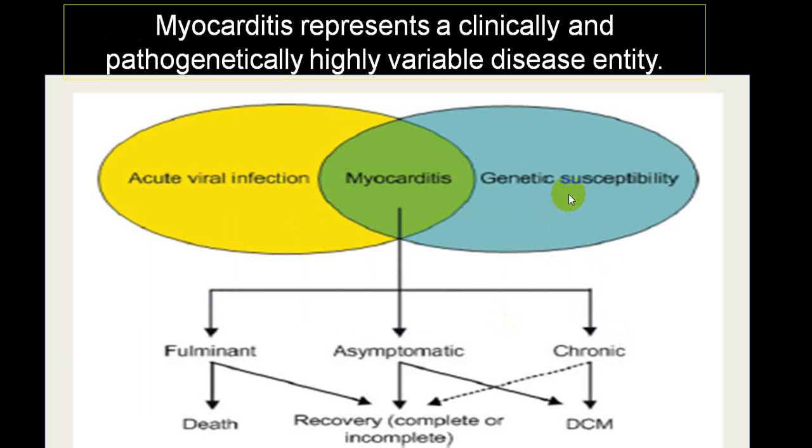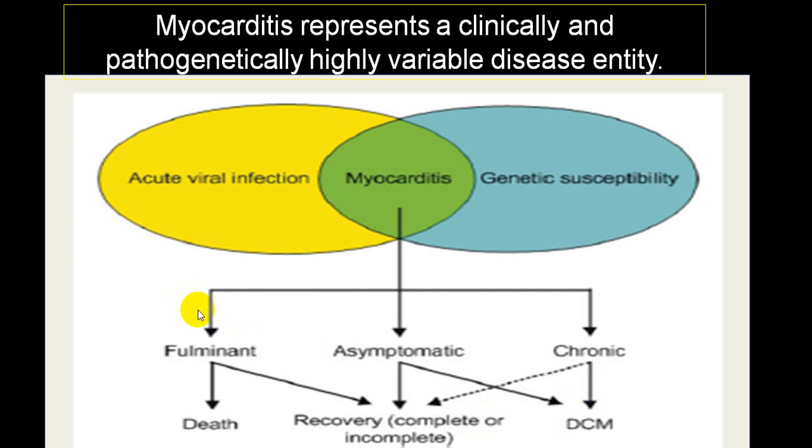By and large, there is one genetic susceptibility, and you can have an acquired viral infection which will result in myocarditis, which can be fulminant, which can be asymptomatic, or the person can have chronic myocarditis. Chronic will usually recover, may be complete or partial, and it can end in dilated cardiomyopathy.